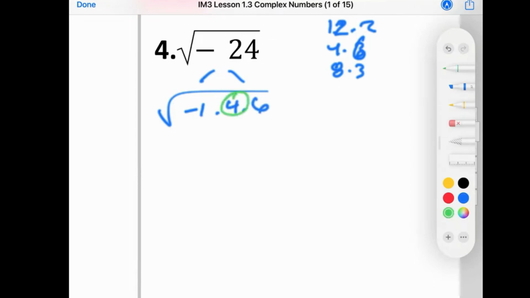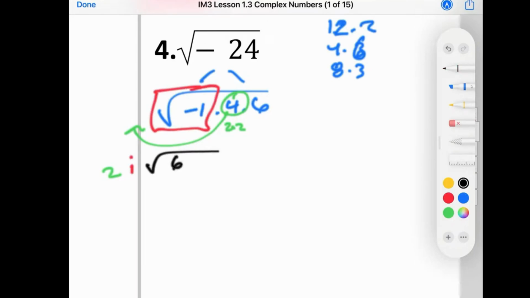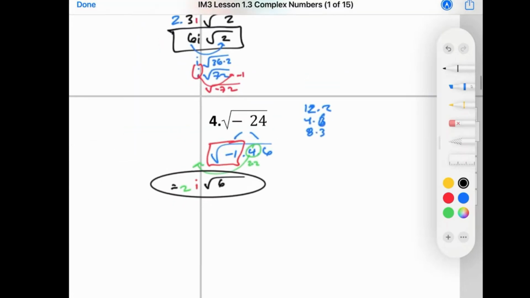Because this one becomes 2, right? That would be 2 times 2. Yeah, pair. And the pirate here, that's the i, and you're left with the radical 6. Oh, circled it for me.